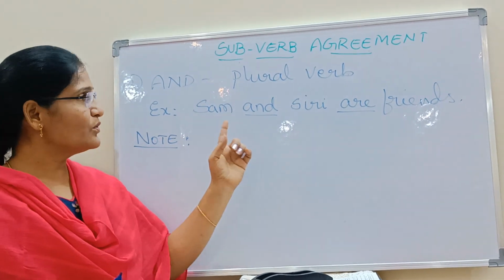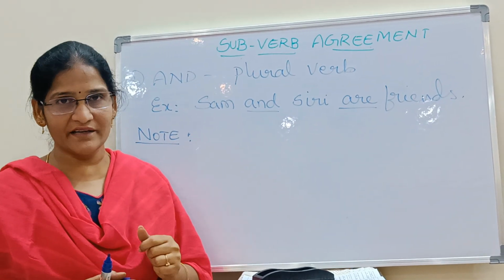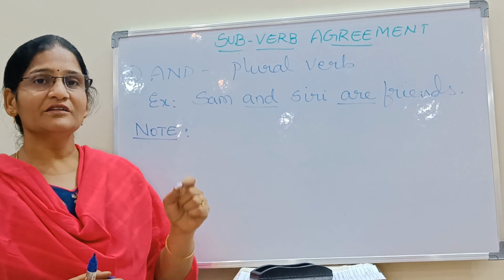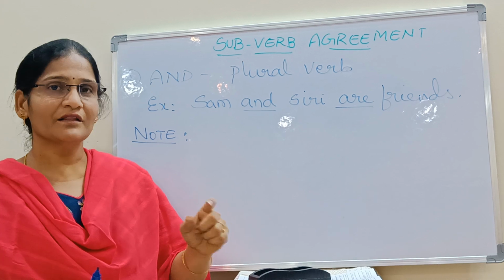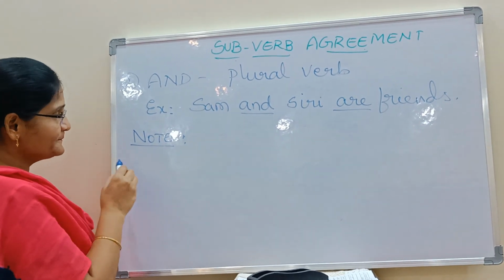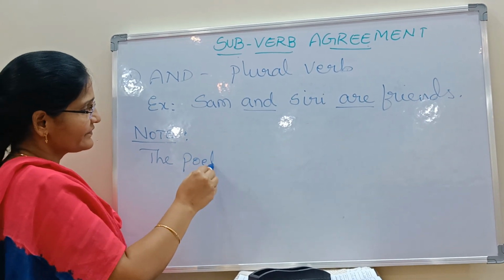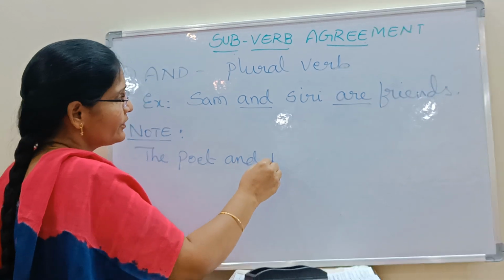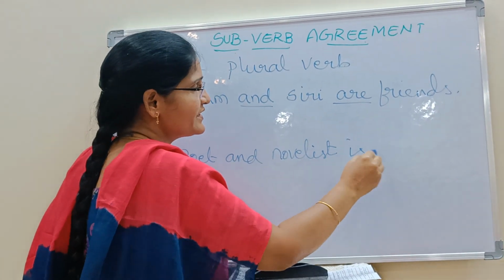But sometimes both the nouns suggest a common idea to the mind, or suggest the same person or the same thing, and the verb will be singular. I will tell you. Here you see, the poet and novelist is dead.